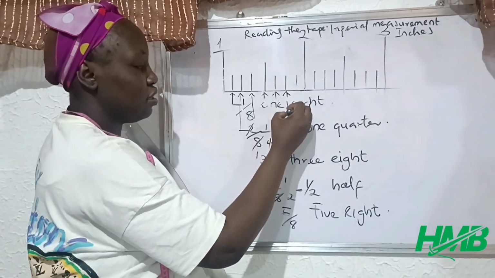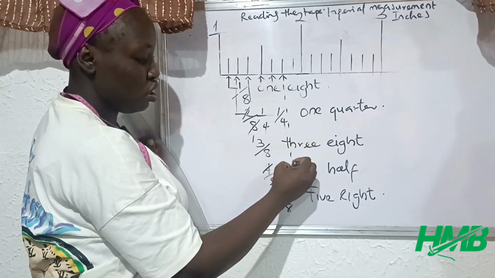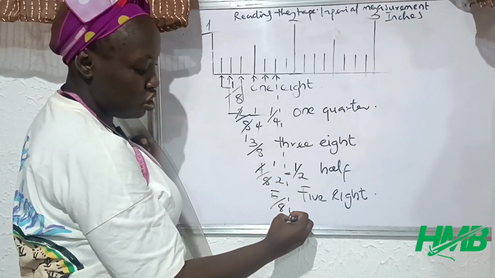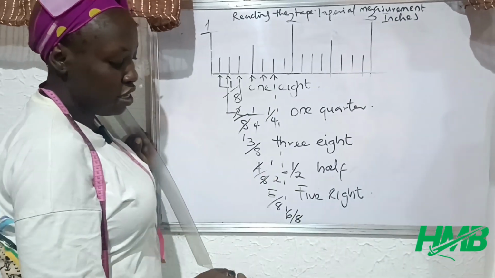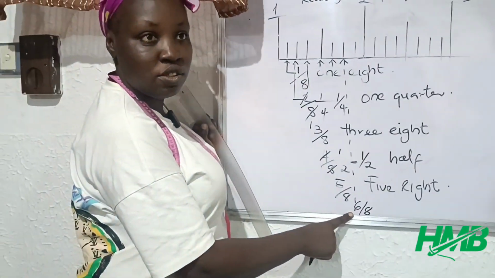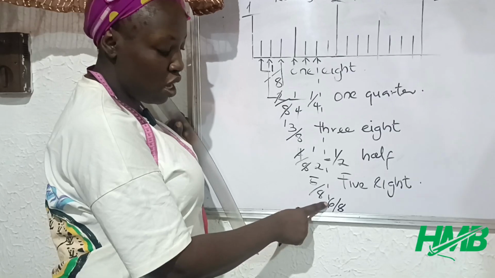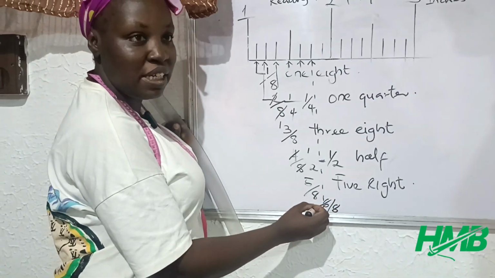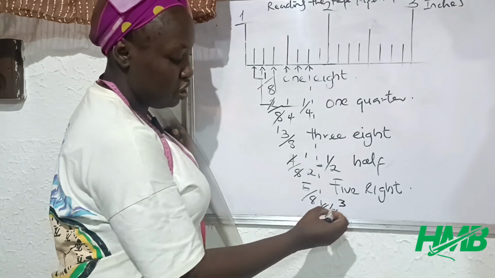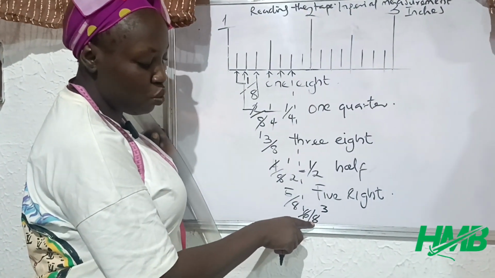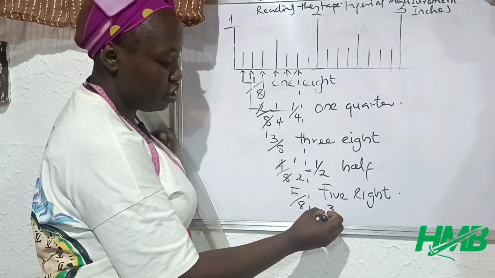The next line, 6 over 8. This is still going to be divisible. Then you can still go to the lowest fraction. So 2 can go in 6 how many times? 3. 2 will go in 8 how many times? 4.